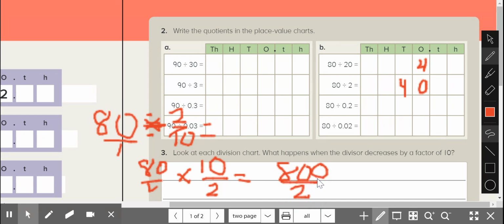We have 2 as a denominator, so we take that into 2. Take 2 into 800, and 2 times 400 is 800. So 2 hundredths goes into 80 4,000 times.